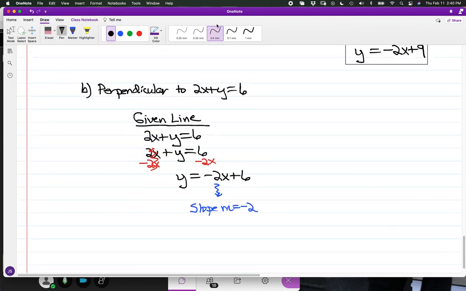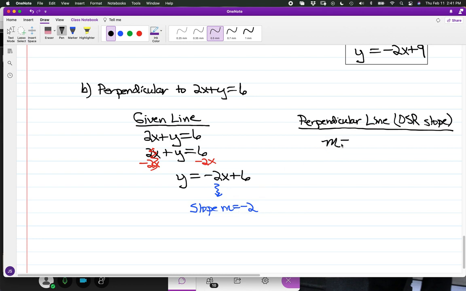And in the case of the perpendicular line, perpendicular lines are going to have, and use OSR, opposite side reciprocal slope values. So for the given line, the slope was at negative 2. Now for the perpendicular, I'm going to take the opposite side reciprocal of negative 2, so I'm going to go from a negative to a positive, and flipping the 2, this is going to be 1/2.